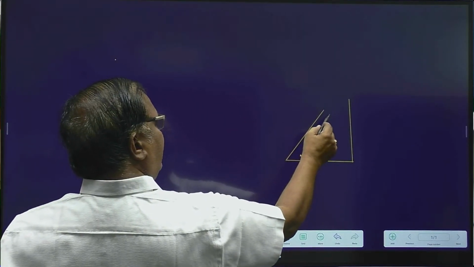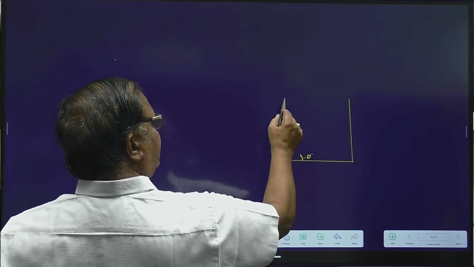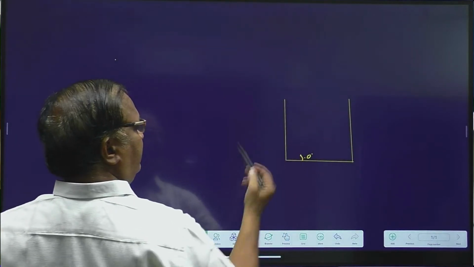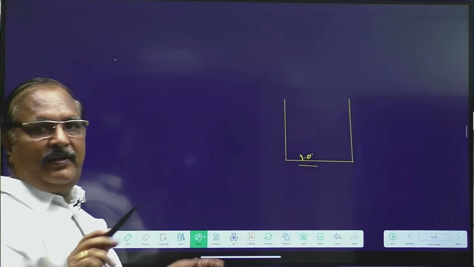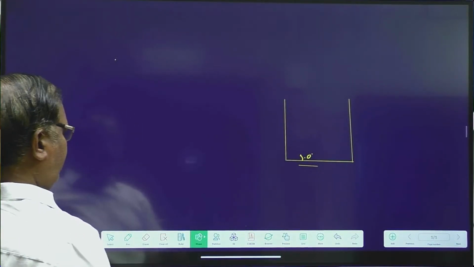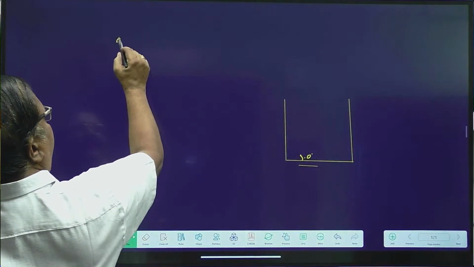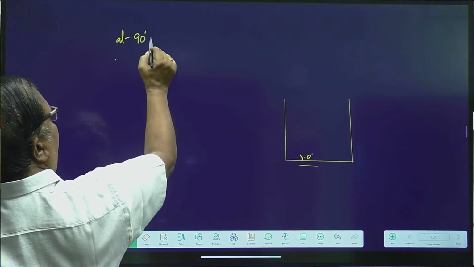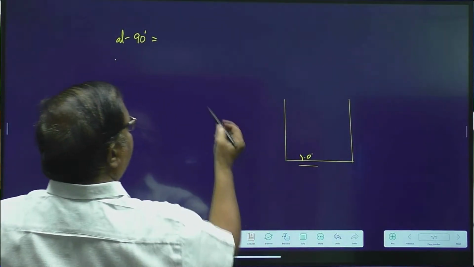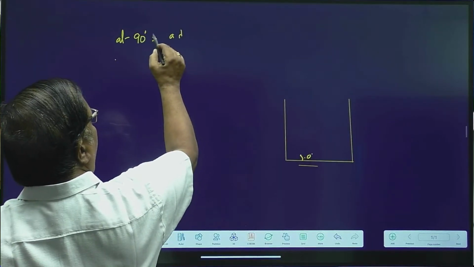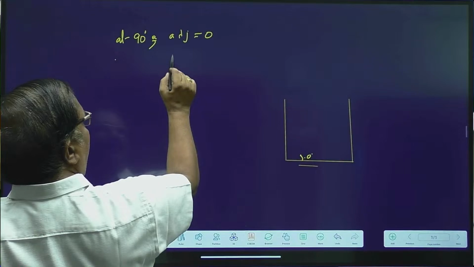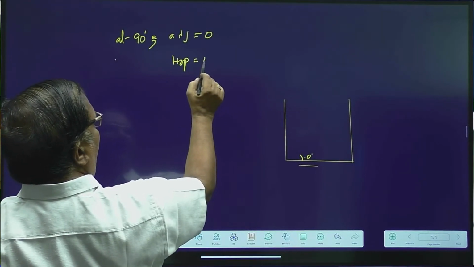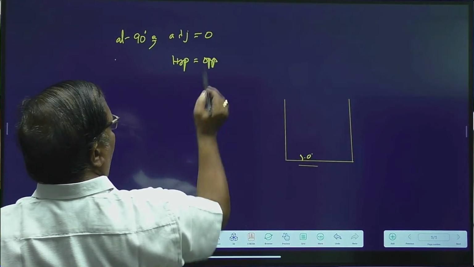At this time, this opposite side will come onto the hypotenuse, and this adjacent side will become 0. So at 90 degrees, this adjacent side will become 0, and hypotenuse and opposite side are equal.